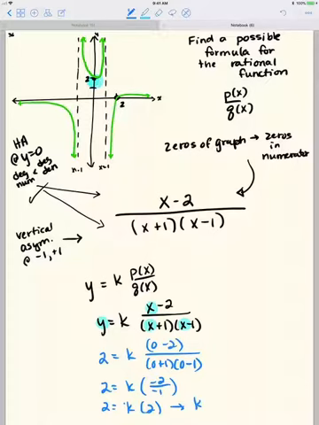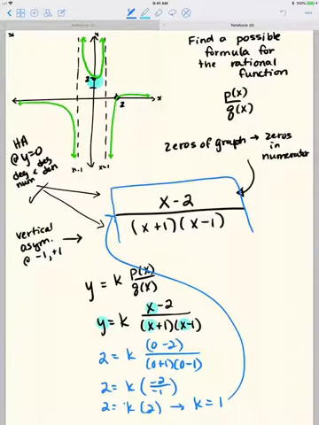And that'll show you that the constant is just a 1. So really, there's nothing to put in the front. And the function for this graph that's possible is x minus 2 over x plus 1 times x minus 1.